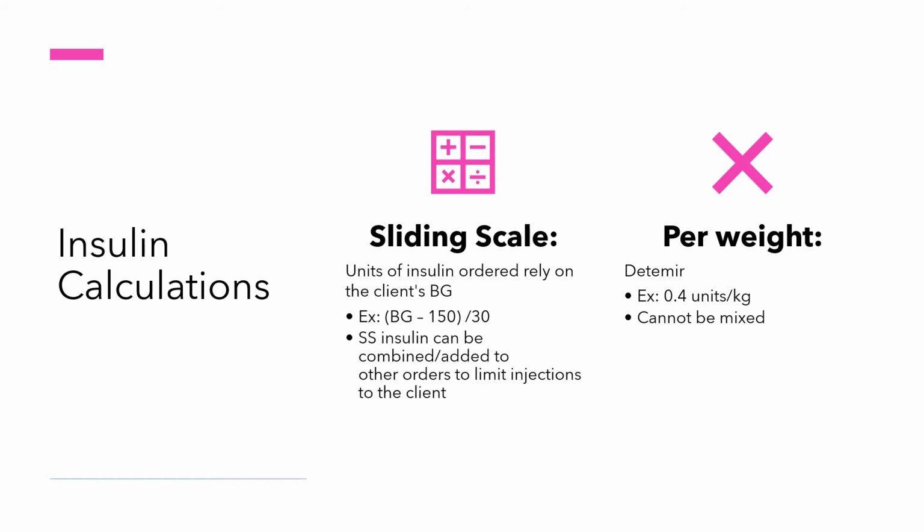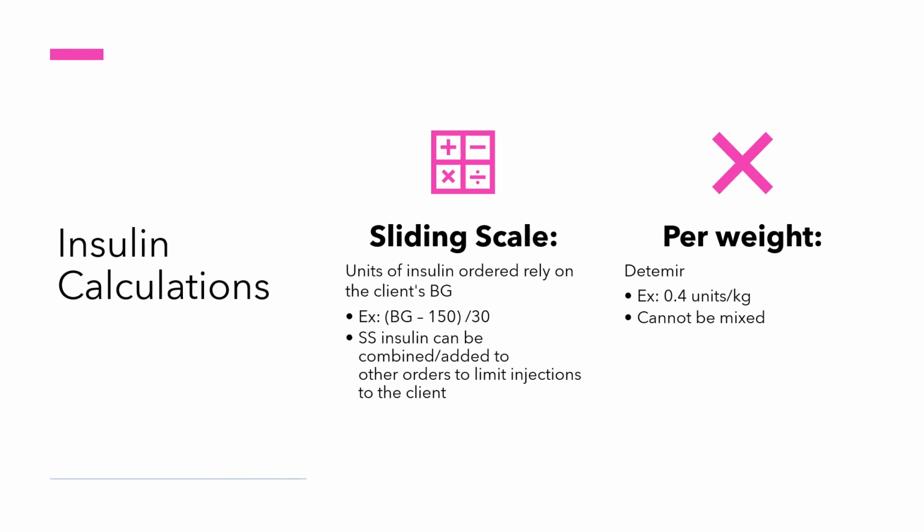So by that example of sliding scale with a blood sugar of 210, they would then receive 2 units of insulin. Novolog, Novolin, Humalog, whatever was ordered. They're short or rapid acting. This sliding scale insulin can be combined and added with other orders in order to limit injections to the client, like in the example on the previous slide when we are mixing our insulins.